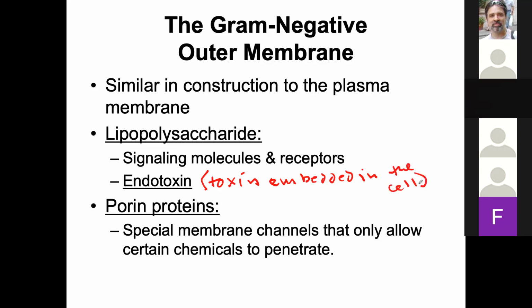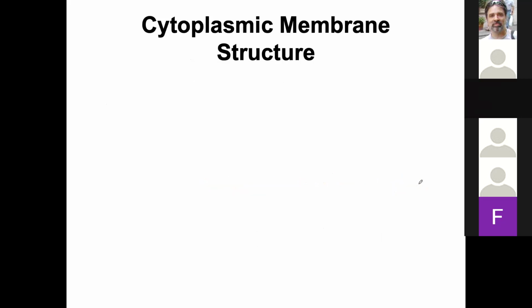So it's tucked in there, right? Exotoxins are secreted. Bacteria do both. Porins are membrane channels that only allow certain chemicals to penetrate, so that it's difficult for just any drug to get through there.